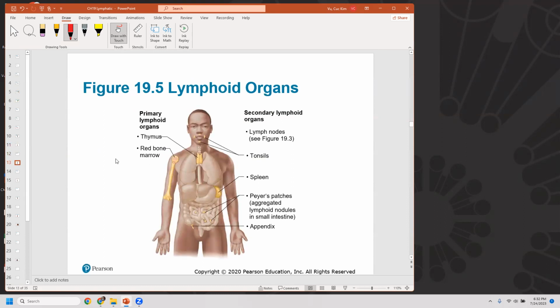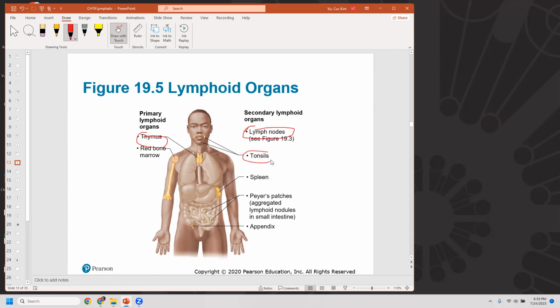All right, so that's the lymph vessels and lymph capillaries. Any questions before we move on to the lymph organs? Okay, so with the lymph organs, we're going to be going through the thymus. The lymph nodes, actually, we only went through the capillary, so we'll go through the lymph nodes.